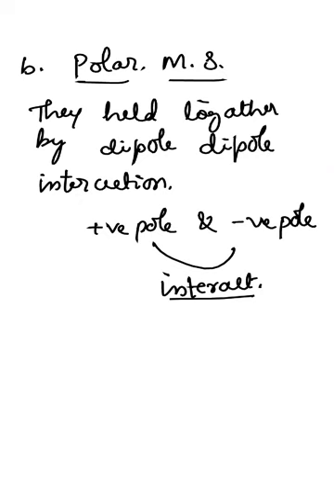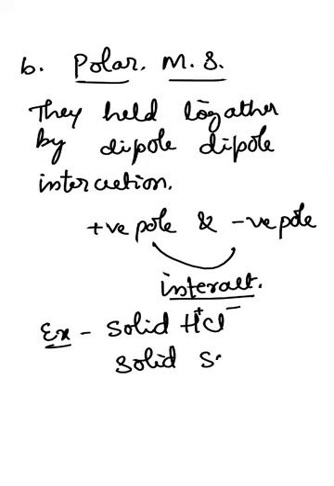Next, examples for this polar bond: solid HCl, because H is plus and Cl is minus, and solid SO2. This one is +4 and this one is -4.